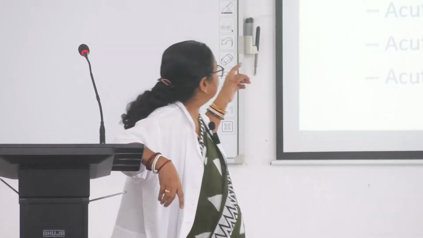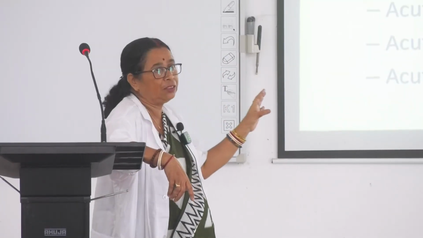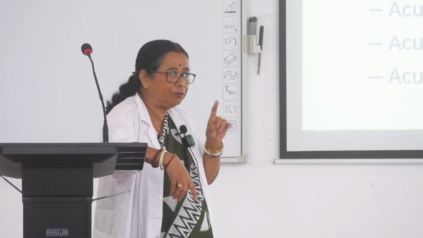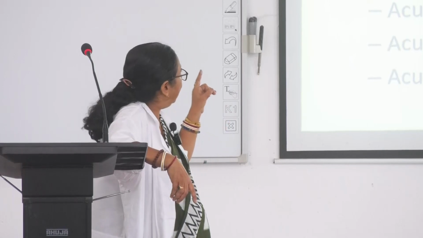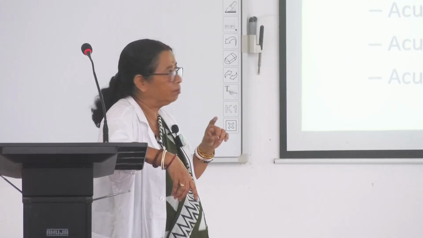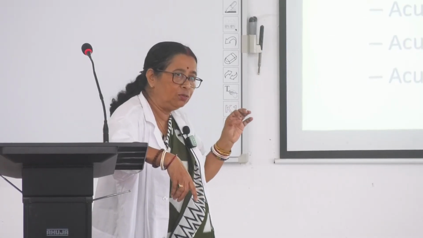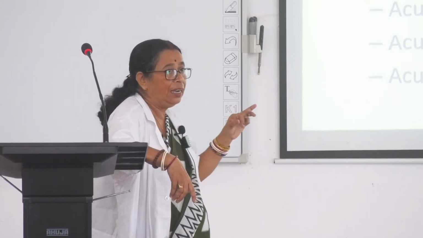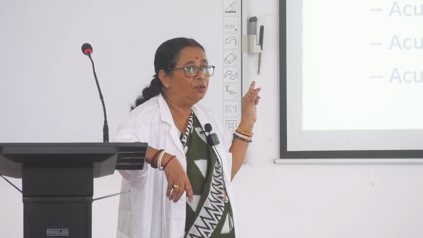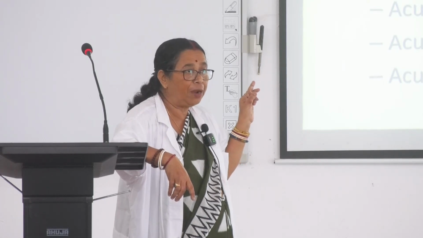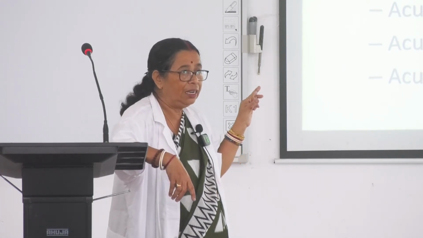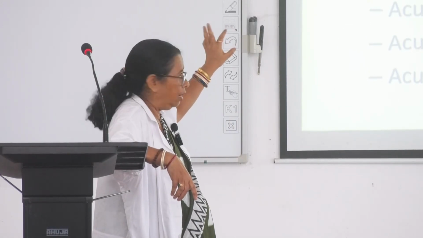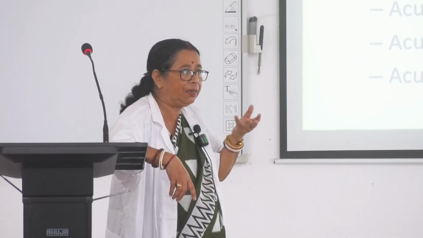Don't forget these. Then AML without maturation, that is M1, MPO positive, we can see. AML with maturation, M2, and acute basophilic leukemia. In fact, M3 promyelocytic leukemia was here, but not anymore.